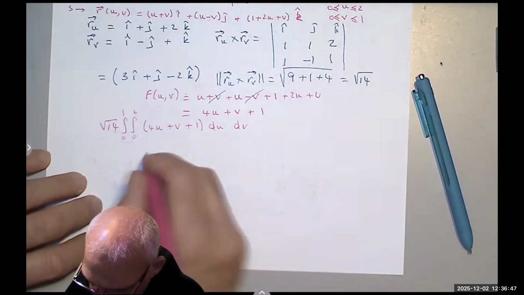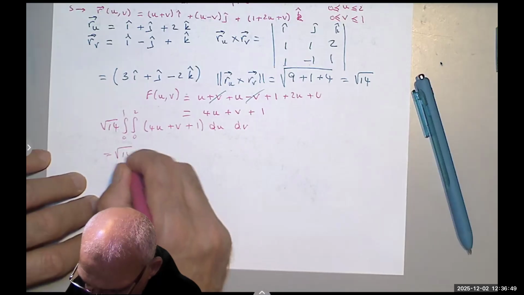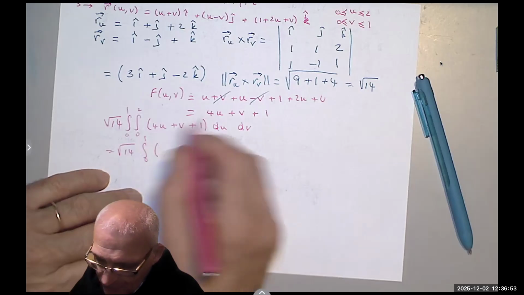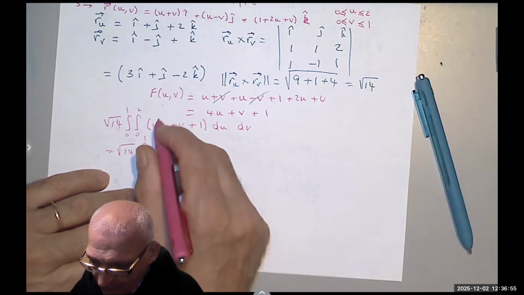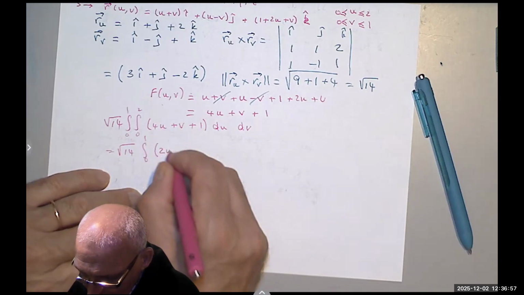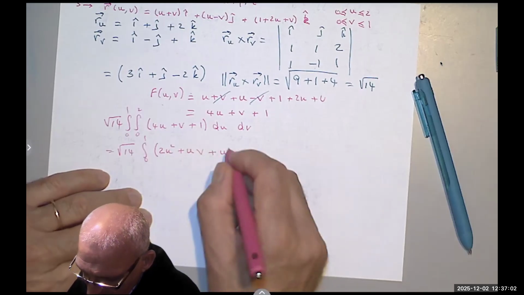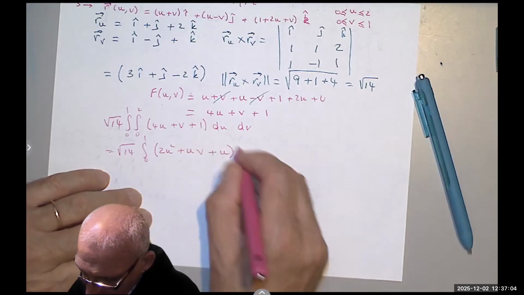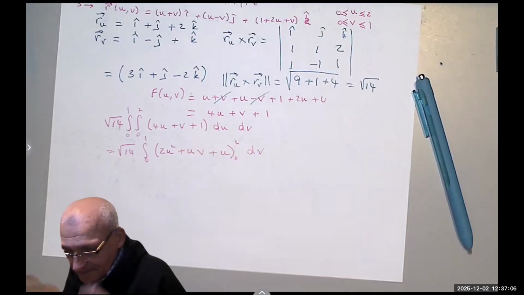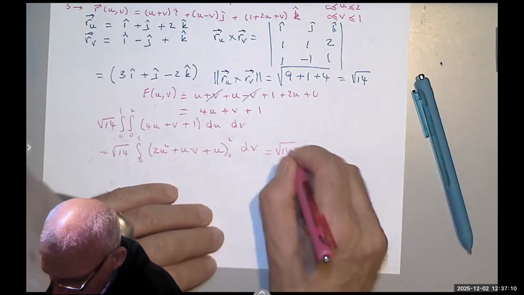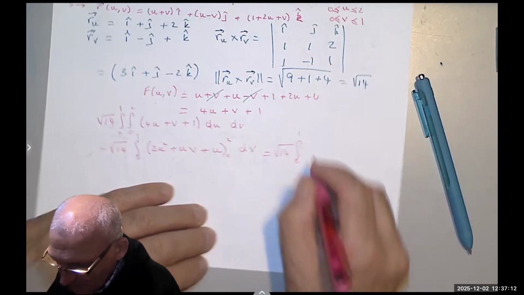So when I take the integral with respect to u first, the u becomes u squared over 2, the 4 over 2 is 2, so you get 2u squared plus uv plus u evaluated from 0 to 2 dv.